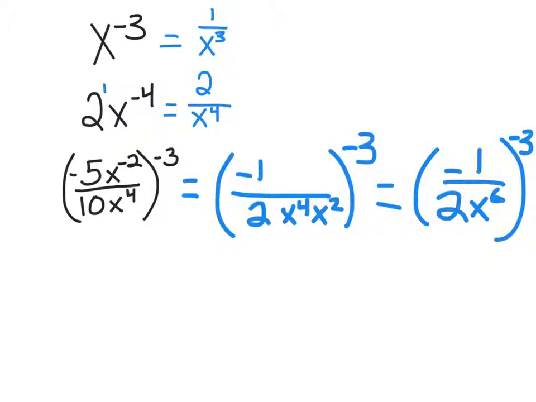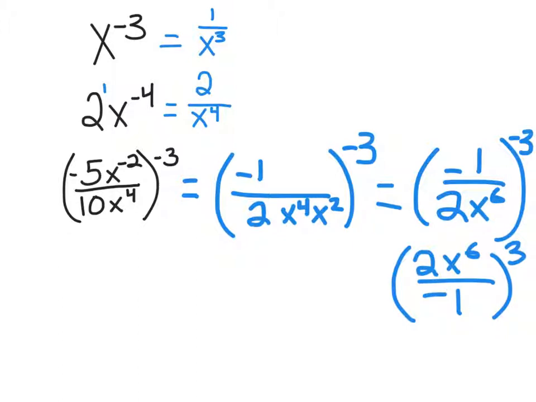Or I could take the entire parentheses and take the reciprocal of that parentheses. So that's what I'm going to do. I'm going to change this to 2x to the 6th over negative 1 and still put that to the power of 3. Because I've taken the reciprocal, I can keep the exponent of 3 on the outside and now apply it to each part inside.